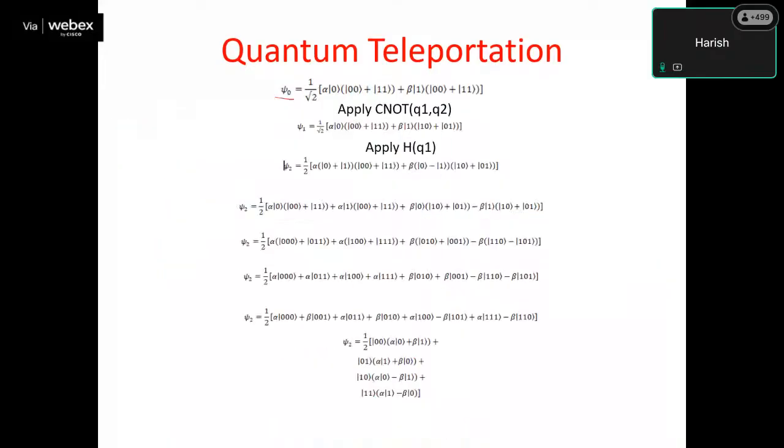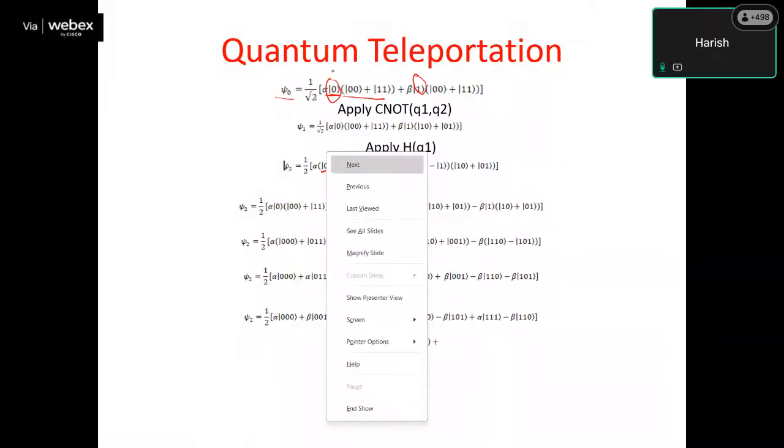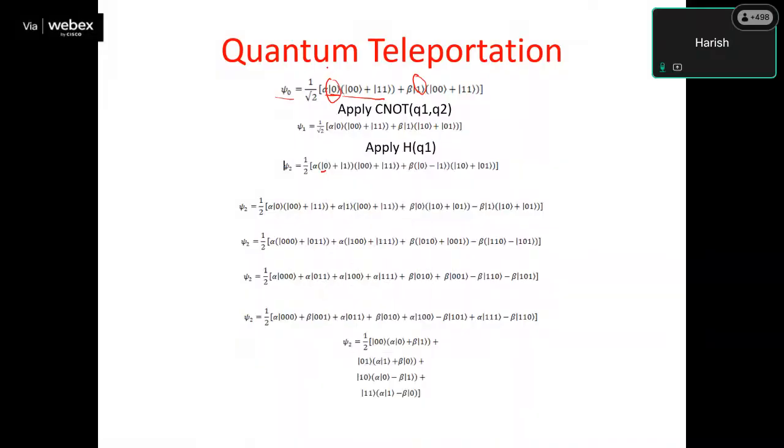See here, this is your first qubit. It is 0, so it will not change anything. They will remain the same. Here, the first qubit is 1, so it is going to change the second qubit. Which one is the second qubit? If you remember the naming, this is the first qubit, second qubit, third qubit.